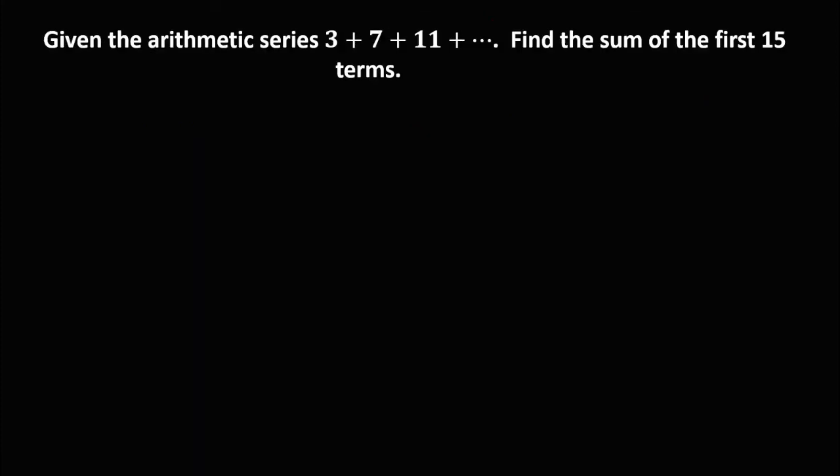Then for this problem, again, to find the sum of this arithmetic series, we use this formula. In the problem, the first term is a sub 1. Since there is no given a sub n, we still need to find the last term of this series.